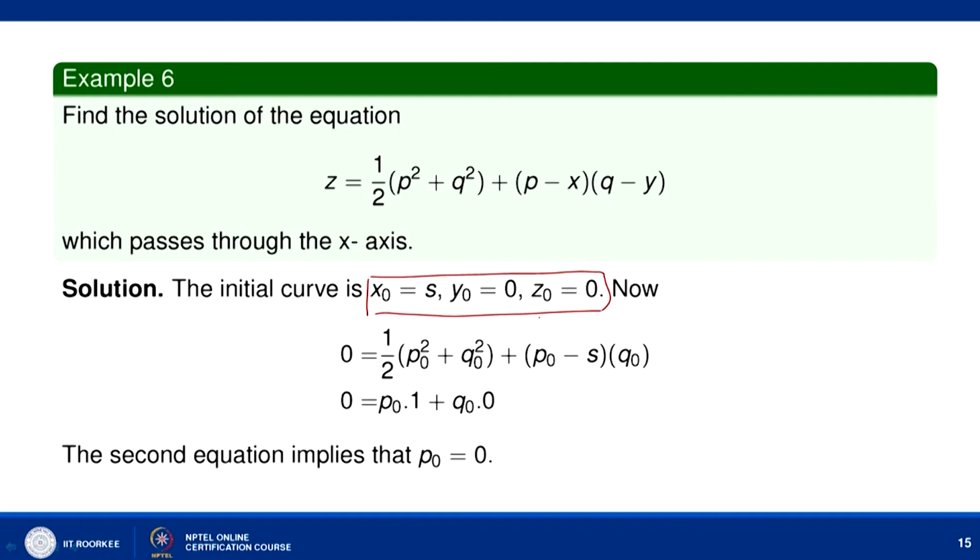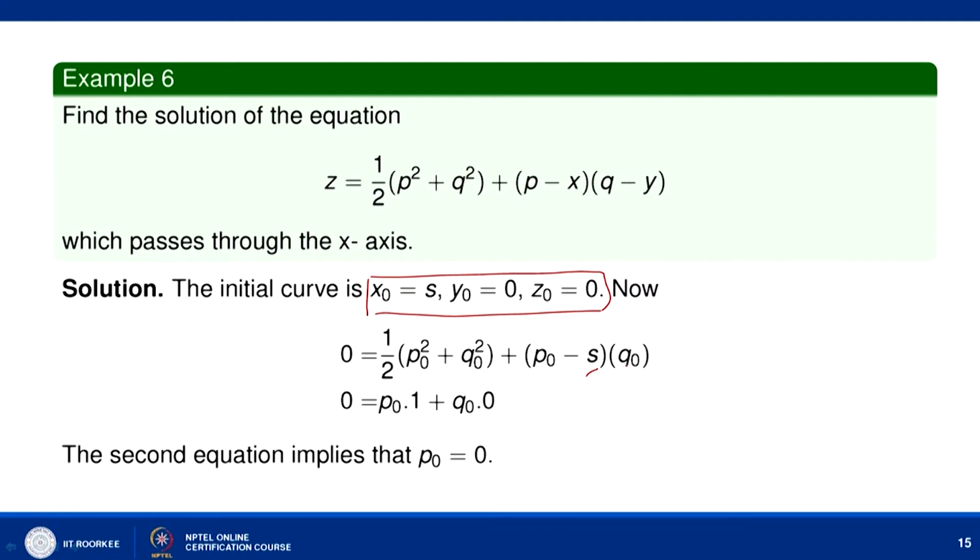Now look at the initial values p naught and q naught. For that we use the relation that the initial curve will lie on the surface, that is, it must satisfy the partial differential equation. Putting the values of x naught, y naught, z naught, with z naught 0, we get 0 equal to 1 by 2 (p naught square plus q naught square) plus (p naught minus s) into q naught, since x is s and y naught is 0.